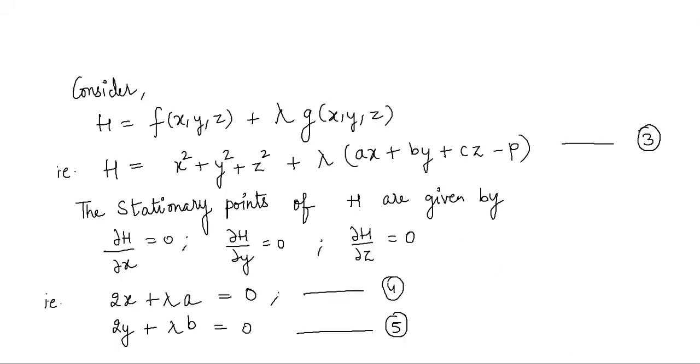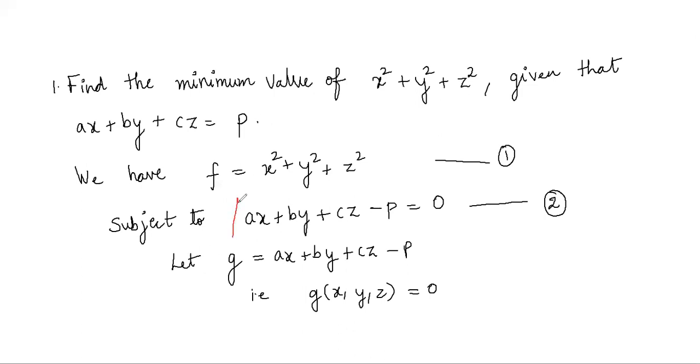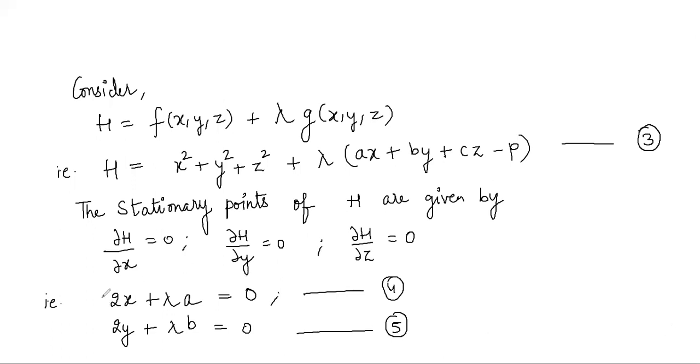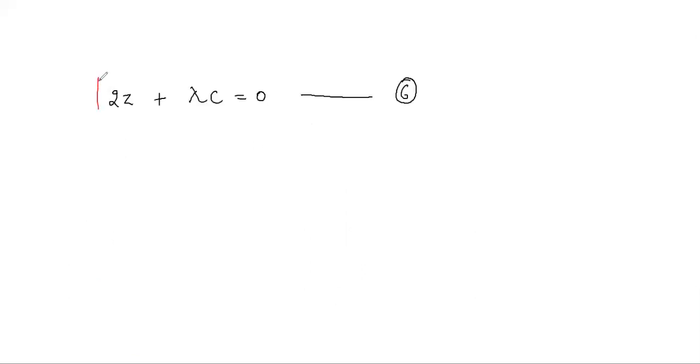Now, with the help of this equation 2, this equation 4, this equation 5, then equation 6, we will be finding the point, and with the help of that point, we will be finding the minimum value of the function f.